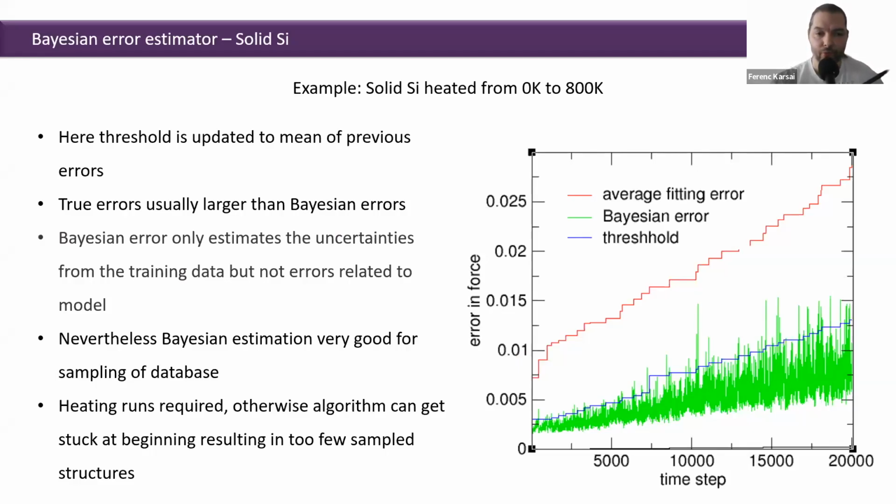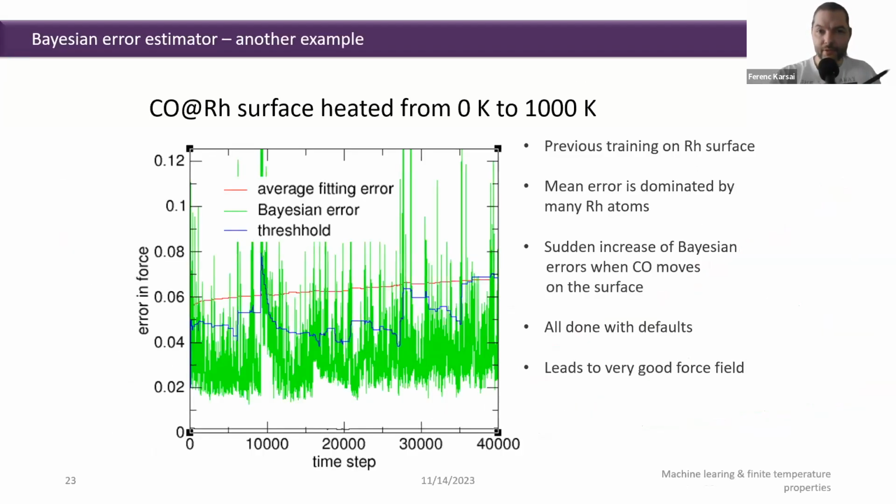This would be stuck in too few training samples, resulting in a bad force field. And this kind of plot is what you will encounter the majority of the time in all systems overall. But there can be exceptions.